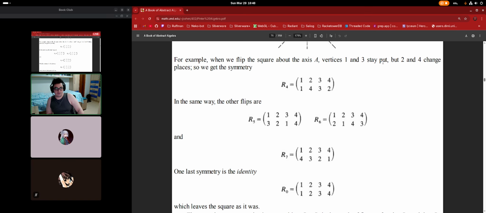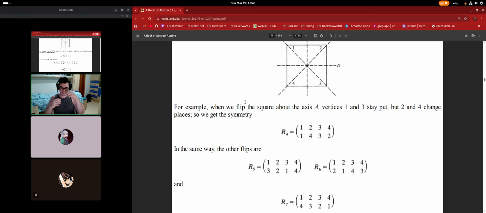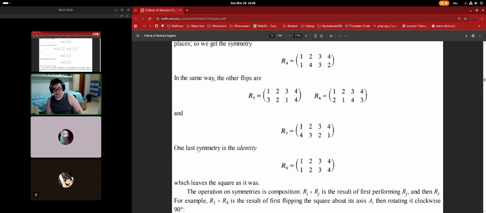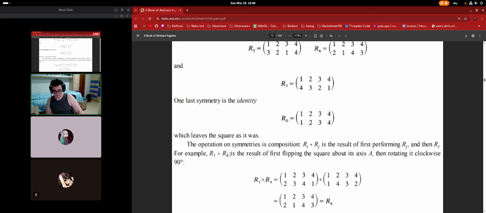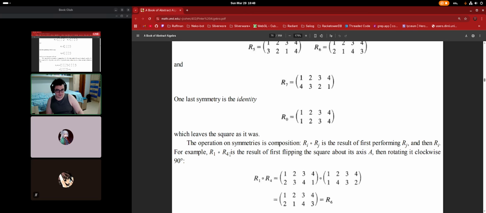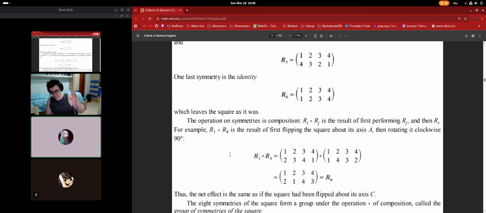So in the same way, the other flips are essentially this and the other corners rotating as the axis. Our last symmetry is the identity, which leaves the square as it was. The operation on the symmetries is composition, which kind of means that when you compose a rotation, you're actually just rotating it more.